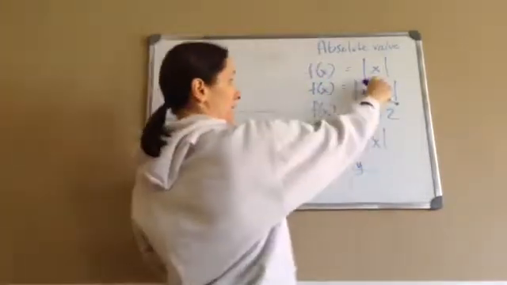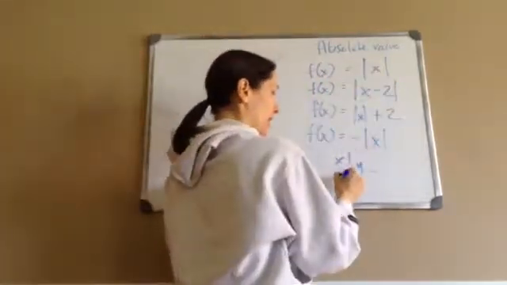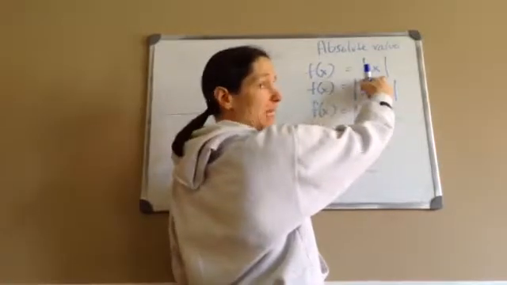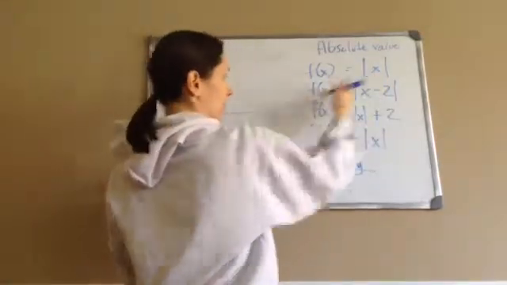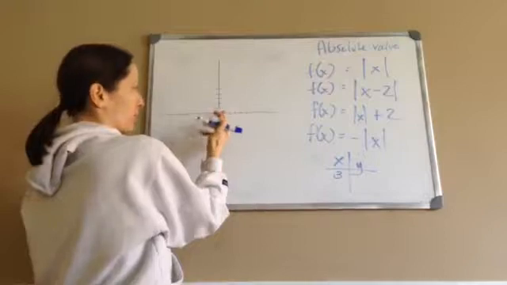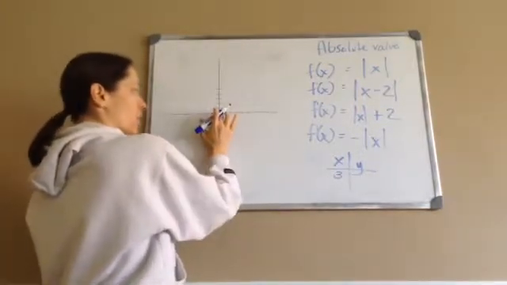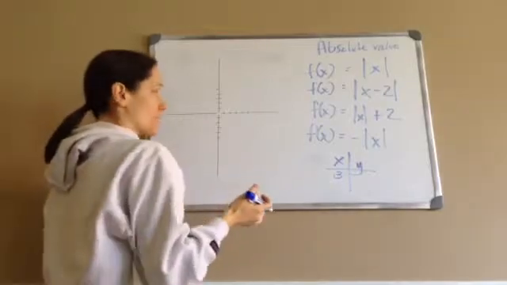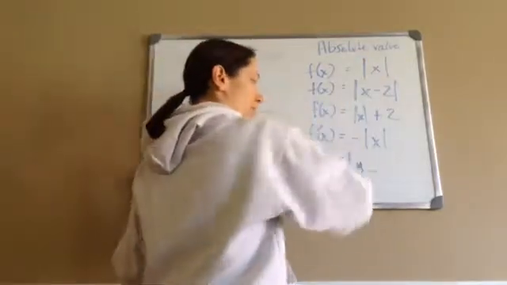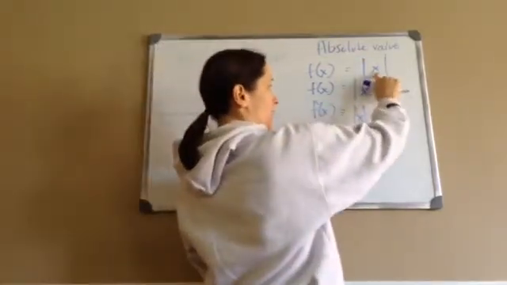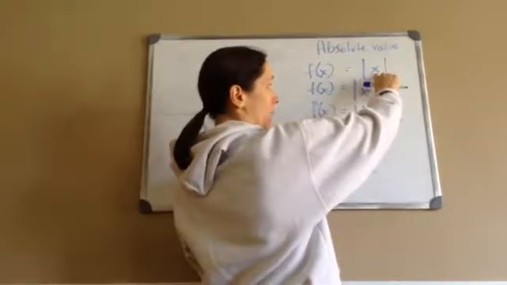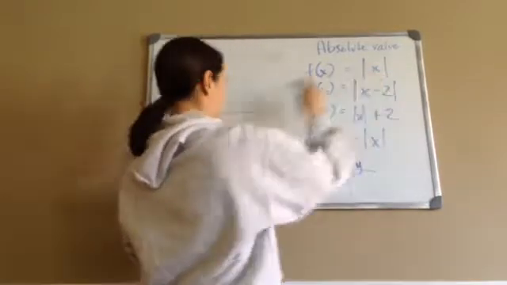If my x is 3, remember absolute value means the distance from 0. So even if it's a negative number, you're just asking how many units that is from 0. So all negative numbers will become positive in absolute value. So let's try 3. If 3 is my x, then what is my y? Well, how far is 3 from 0?